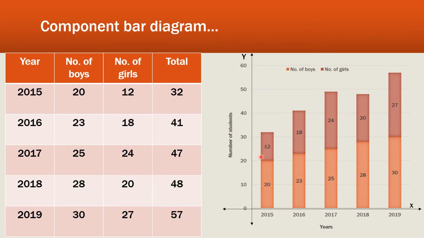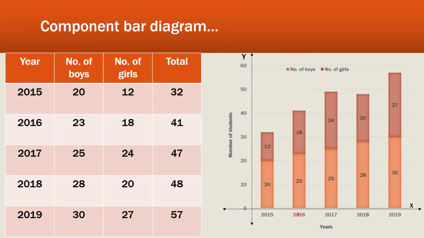So what I do is I look at the number of boys and I divide the bar at that point on the y-axis, which shows me the value 20. So once I do that, I know that this part would represent boys as it is shown in the legend here. And so the remaining would obviously be the number of girls.